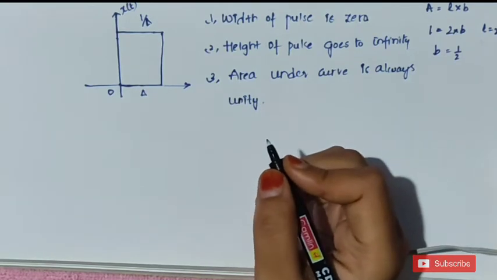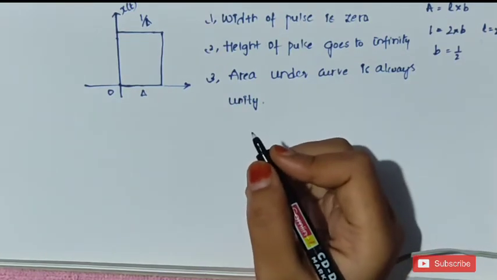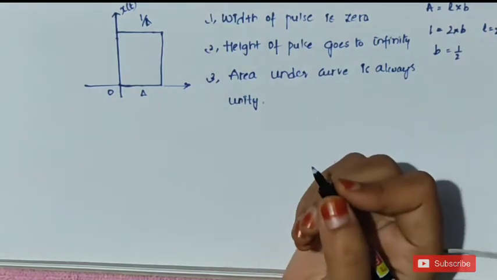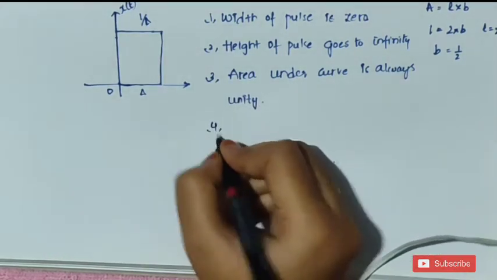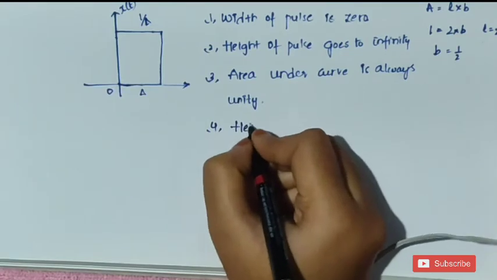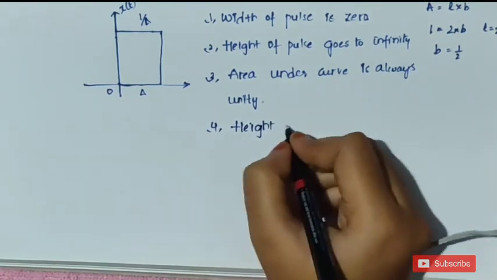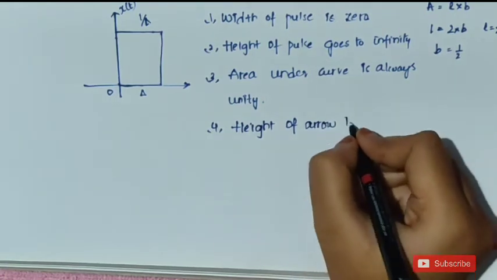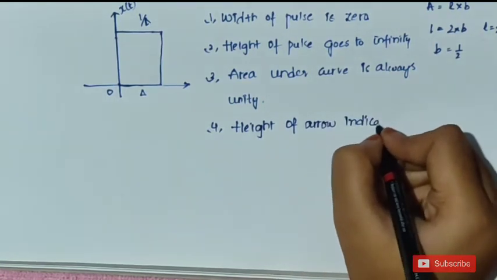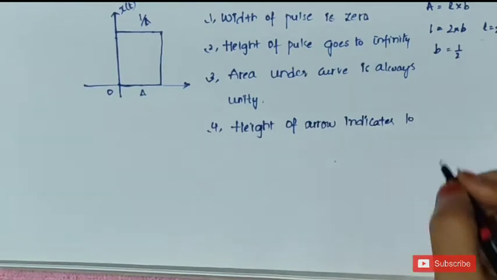Second, the height of the pulse goes to infinity. Third, the area under the pulse or under the curve is always unity. Next, the height of the arrow indicates the total area under the impulse.